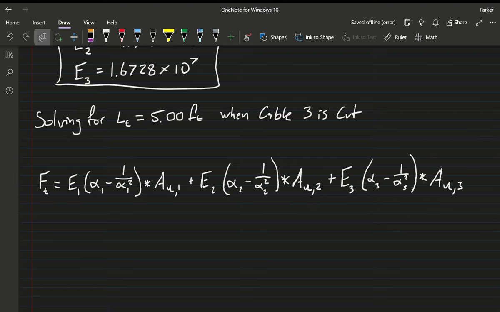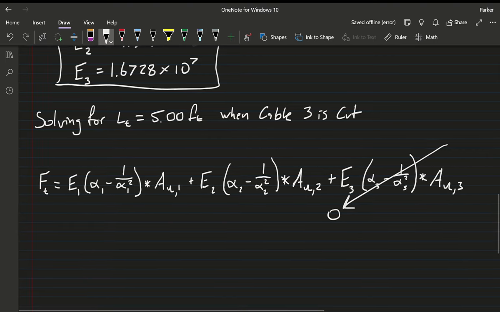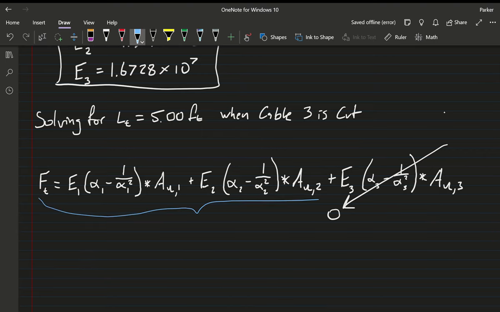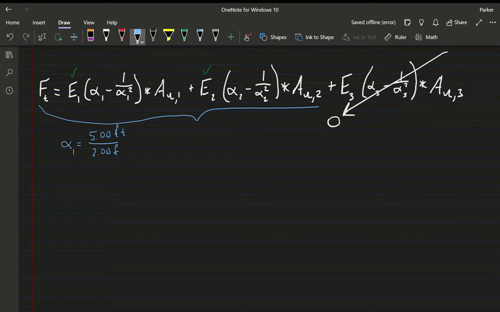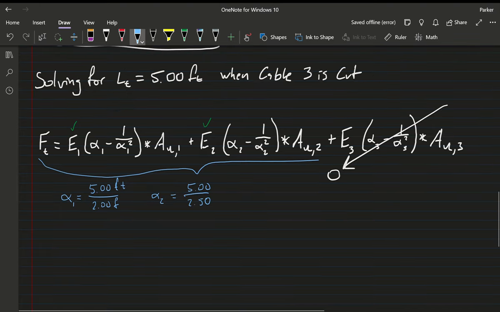Using this whole equation, since we've cut cable 3, this section goes to 0, and we're left with this. Now that we've found E1 and E2, our new alphas are just equal to 5.00 feet over the unstretched length, which for 1 was 2.00 feet, and for 2 is 2.5 feet. So alpha 1 and alpha 2 are 5.00 over 2.00 and 5.00 over 2.50.